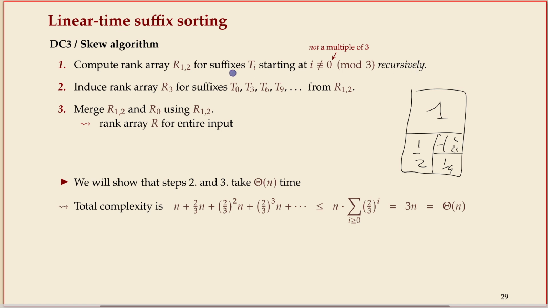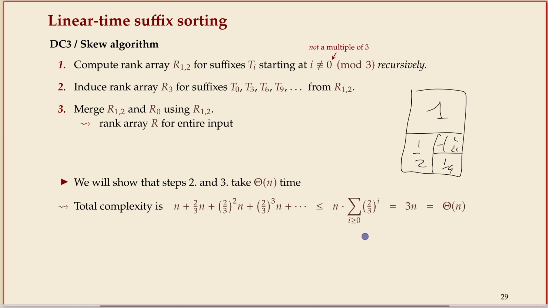If we assume that the second and third step take linear time, then by and large we spend linear time on the topmost call for doing these two steps. But we recursively have the same cost in the recursive call on the first part, but only on 2/3 of the input. If you keep going like this, you always have a factor of 2/3.